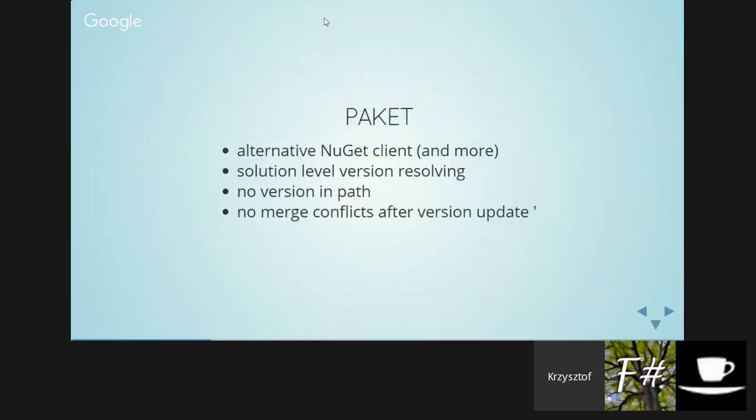So, Paket. Paket is an alternative dependency management tool created by the F# community. But what's important is that it is a general .NET tool. It supports F#, C#, VB.NET, and so on. So even though the only thing connecting it right now with F# is the fact that it's written in F#, and some people from the F# community are contributing to it, what's important is that it can be used everywhere.